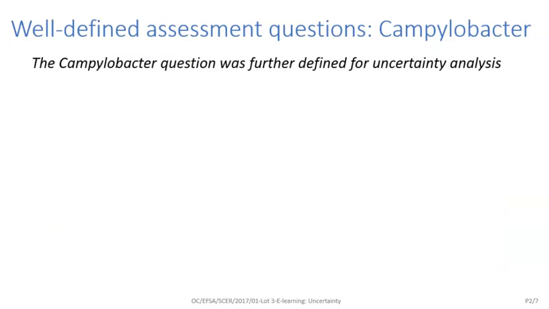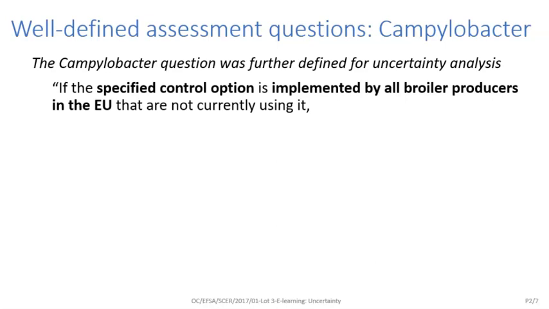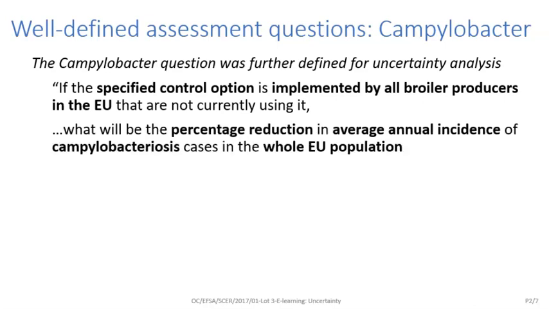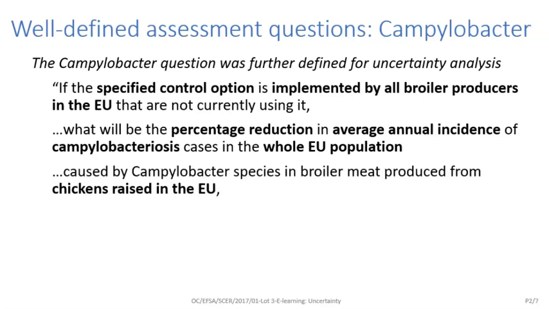So in the Campylobacter opinion, the assessment question was further defined for uncertainty analysis as follows. If the specified control option is implemented by all broiler producers in the EU that are not currently using it, what will be the percentage reduction in average annual incidence of Campylobacteriosis cases in the whole EU population, caused by Campylobacter species in broiler meat produced from chickens raised in the EU, other things being equal?